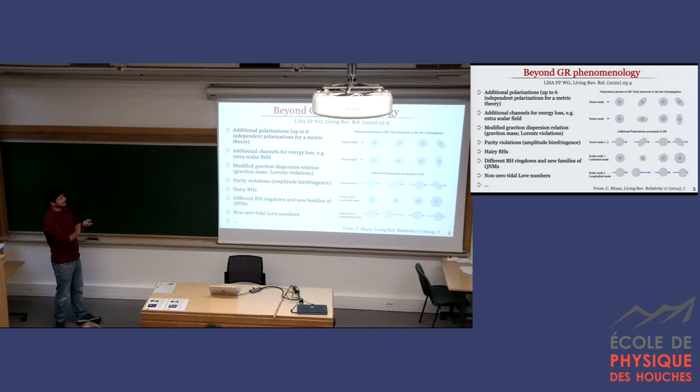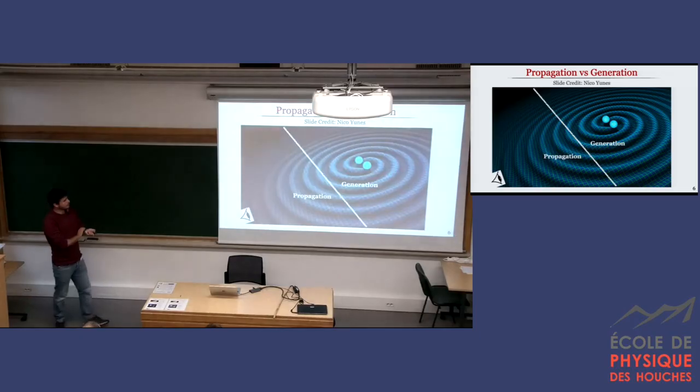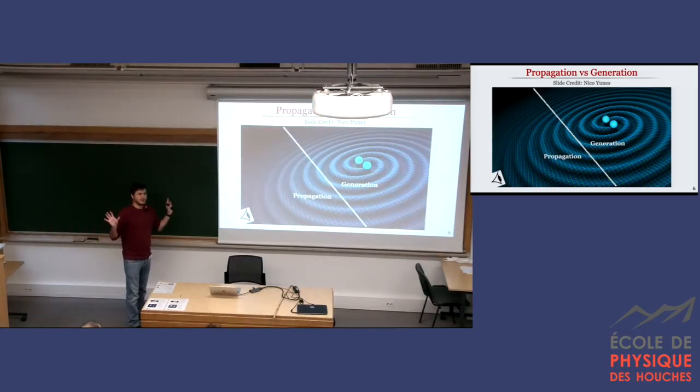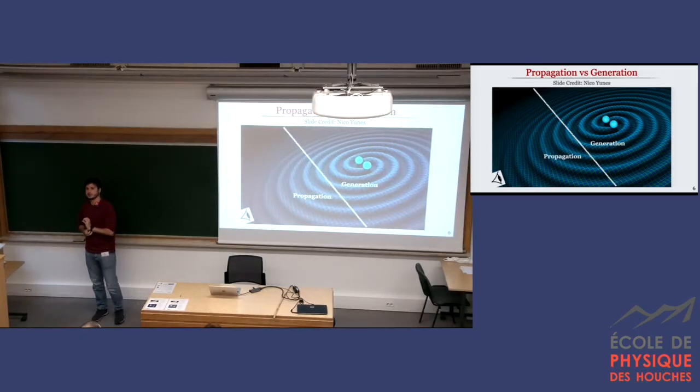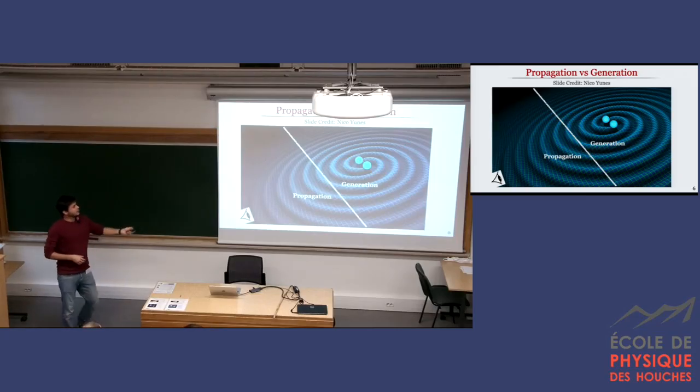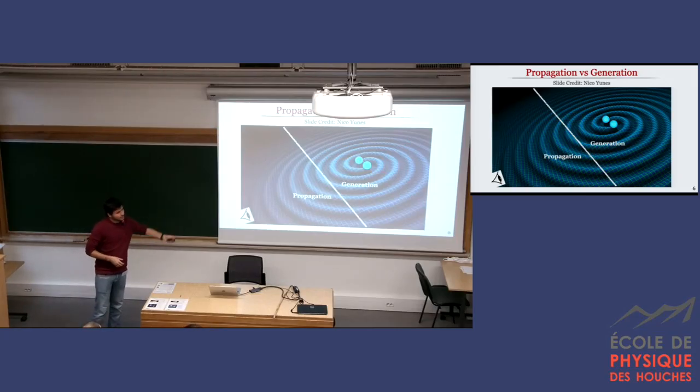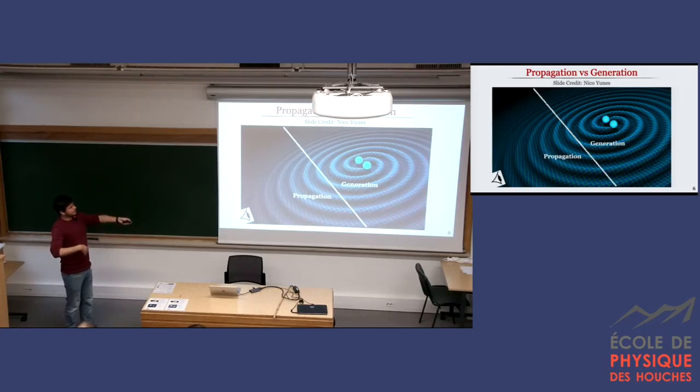Okay, that said, when you do a test, you should distinguish between two types of effects that you can test, right? So you're interested, for example, you have your binary black hole, and locally you might change how you generate gravitational waves. For example, if you have dipolar emission, you are modifying essentially all these binary decays, right?